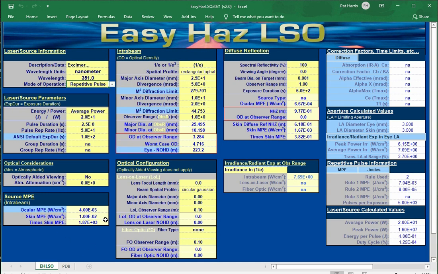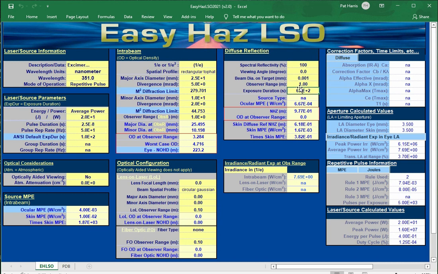Let's take a look at the times skin MPE. Oh, good. It's only 1,870 times above the skin MPE, the irradiance of the laser. So is this a hazard to the skin? Absolutely.